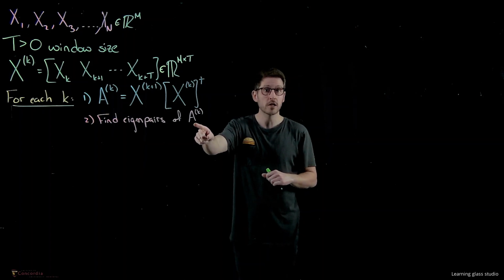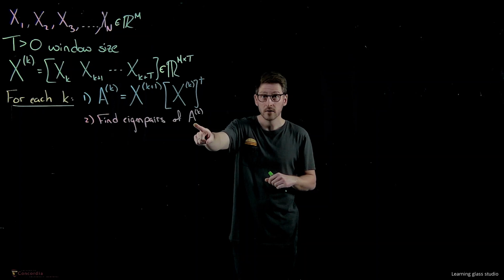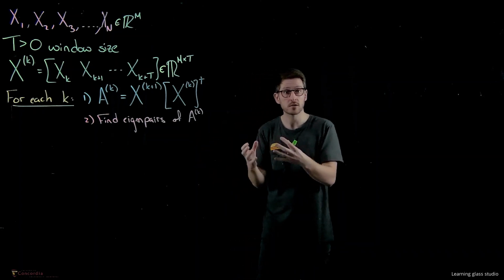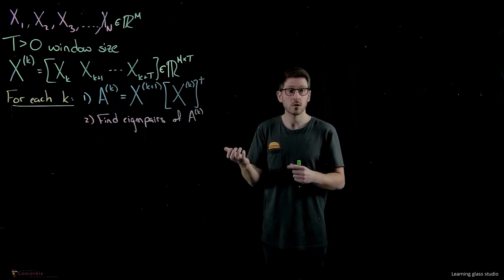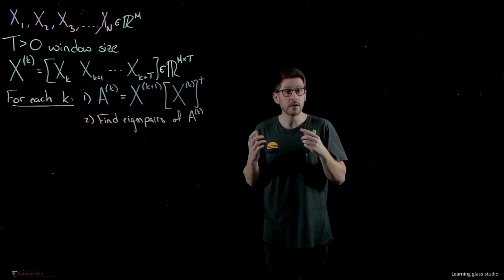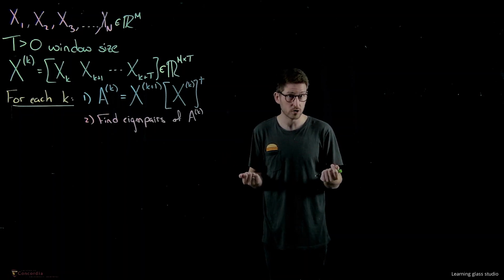Since motion in time comes from the eigenvalues of A, there should be one cluster of eigenvalues that's associated to fast motion, right? And there should be another cluster of eigenvalues that's associated to slow motion.